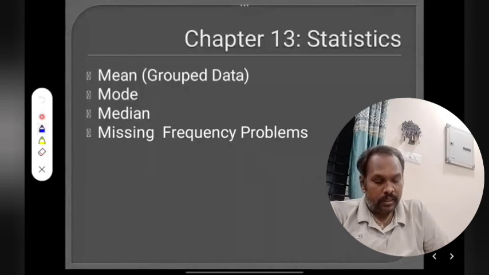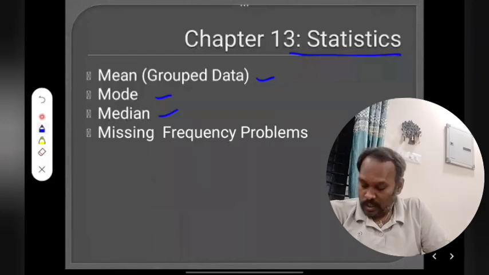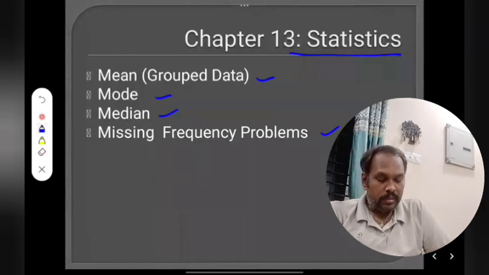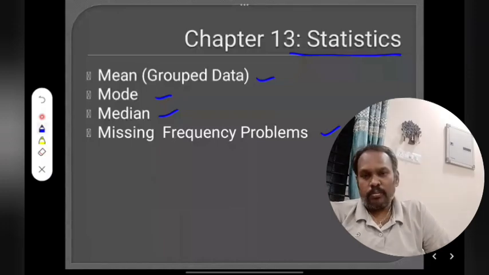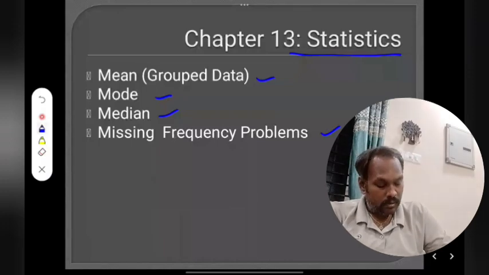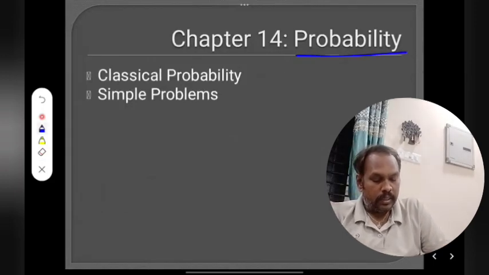And chapter 13, statistics. So mean, median and mode. Mean, median, mode and missing frequency problems. For grouped data and ungrouped data also you have to learn. And last chapter, chapter number 14, probability.